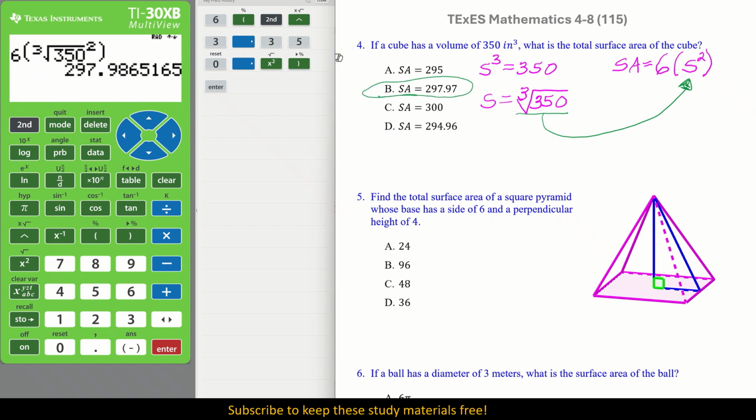Now let's go to number 5. Find the total surface area of a square pyramid whose base has a side of 6 and a perpendicular height of 4. Well, perpendicular height is that squared height here that I was talking about before. That will be the number 4 here. Okay?